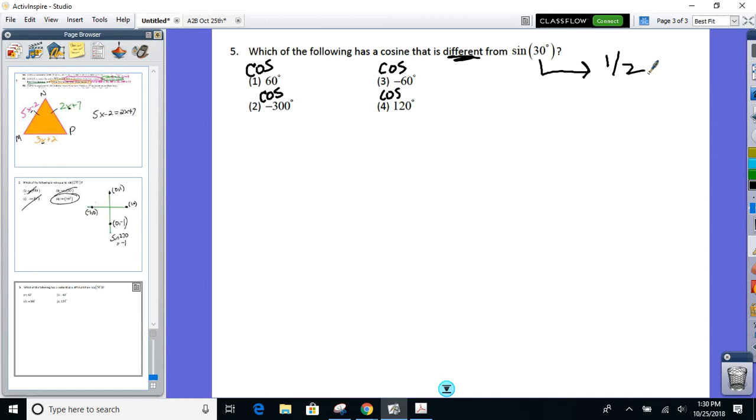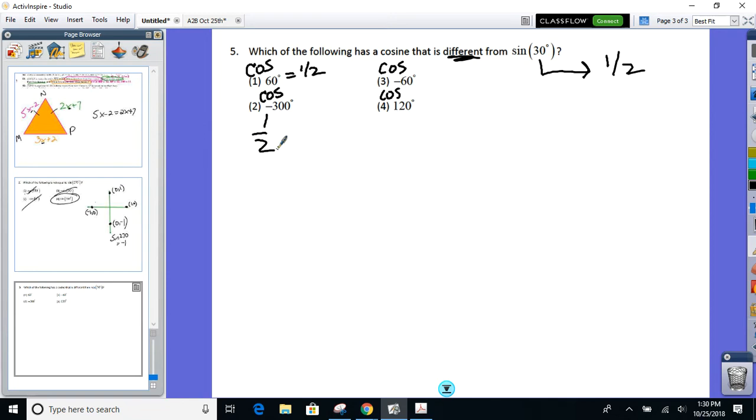Ready? 60. What's the x coordinate at 60? Okay, so that's right. That's 1/2. So I'm looking for the one that's different, though. Negative 300. Where is negative 300? It's in the first quadrant, so it's going to be positive. And what's the reference angle? 60. X coordinate on 60. So that's 1/2.